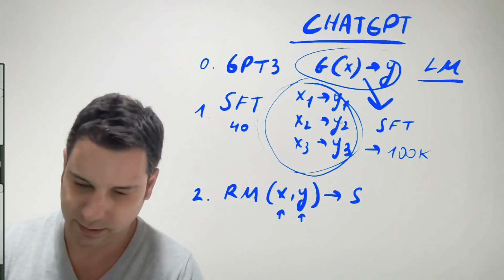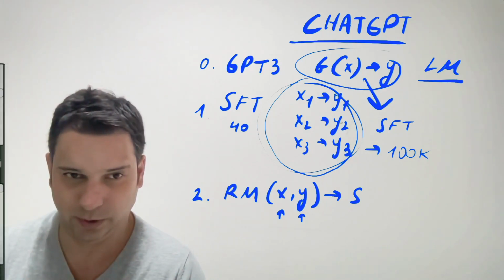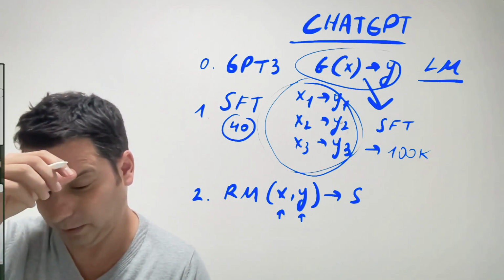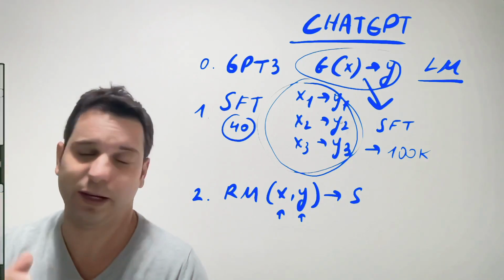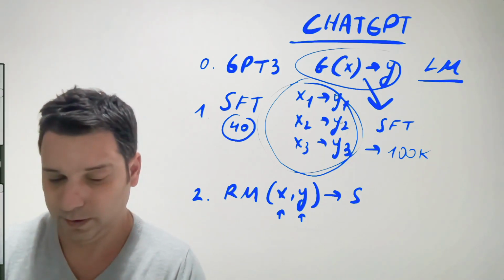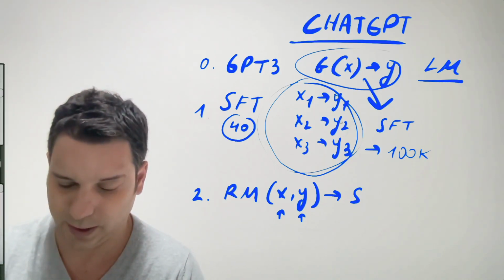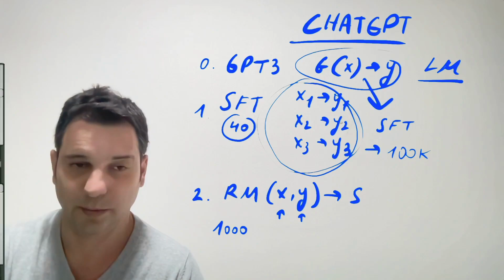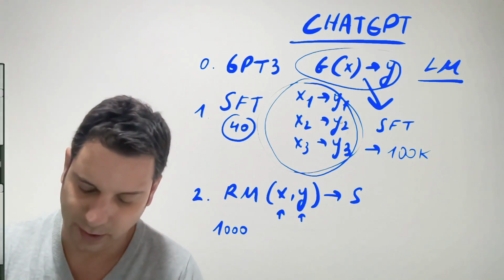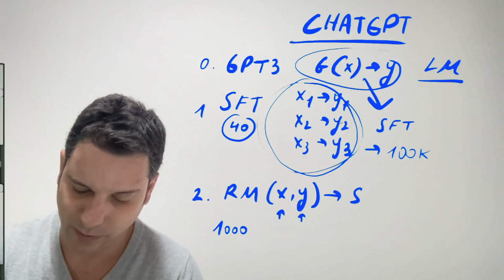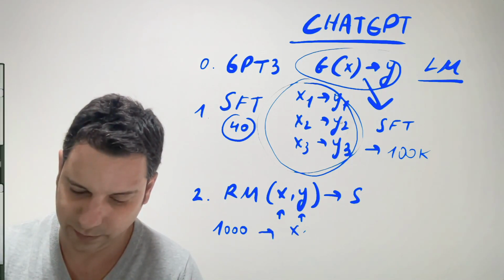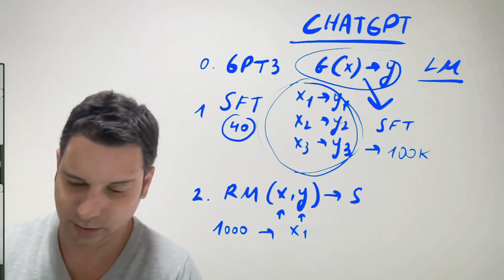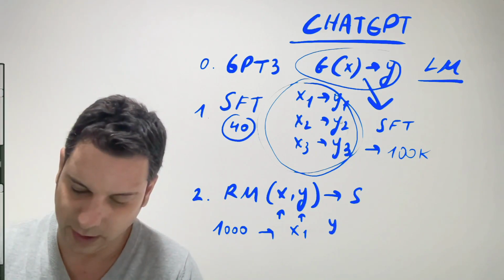And how do you train this kind of model? Again, you take all these people for labeling, and you pick random prompts. For example, let's say you choose 1,000 or more prompts. Actually, they can do much more. And then for each prompt, let's say we take one of them, we generate using the SFT model 8 responses, for example.